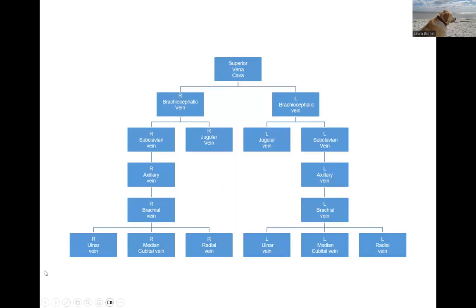So here we have, let's say, from the arms, the ulnar vein, the radial vein, and the median cubital vein transporting blood to the brachial vein, axillary, subclavian.